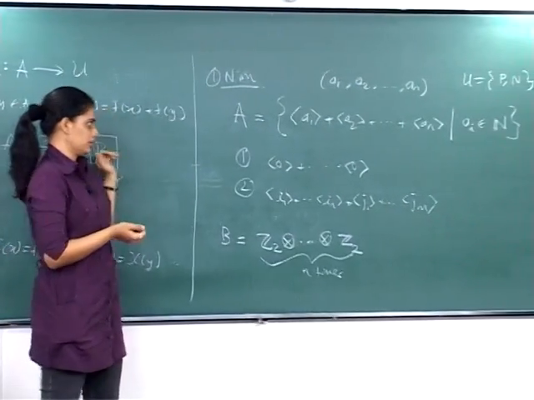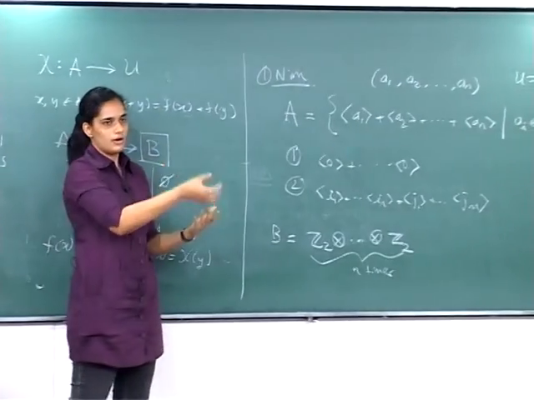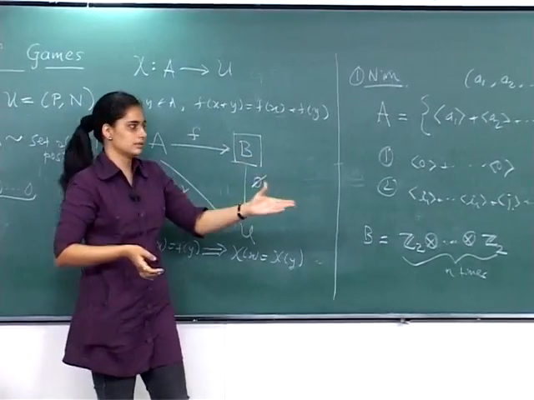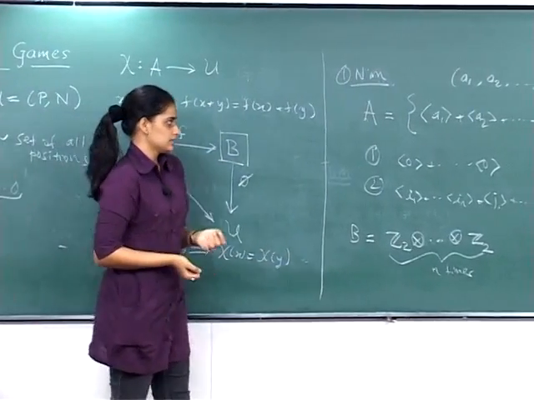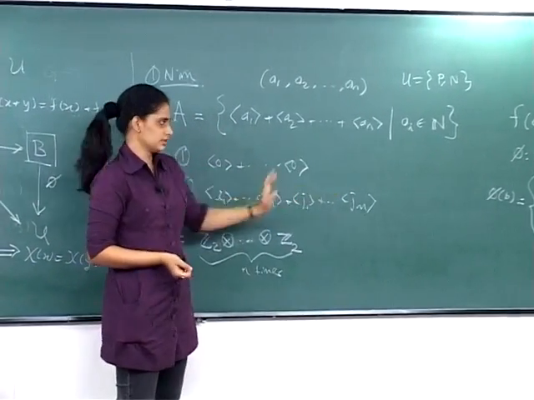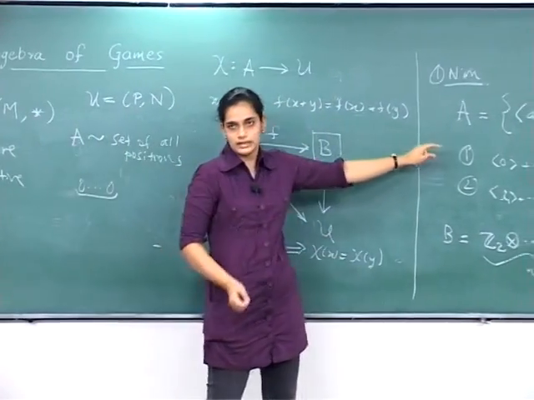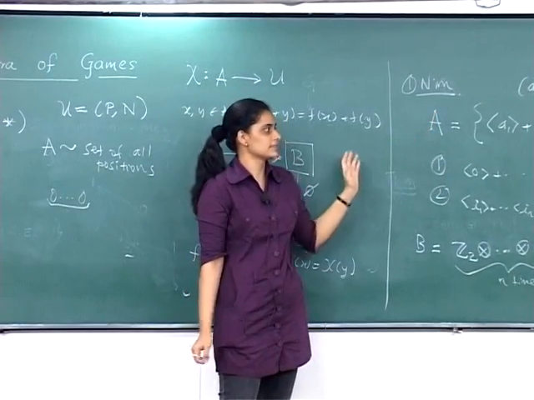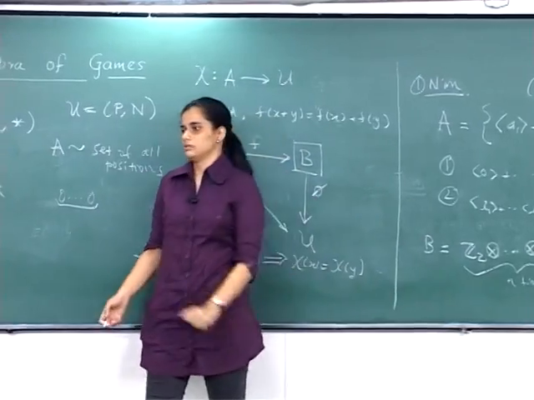In B, we have mapped all the positions as even or odd, and from B, we directly map it to the outcome depending on whether the binary string is zeros or anything else. In this way we can analyze the nim game using the monoid structure. As we did not have a direct xi function in the case of the nim game, we factored it as the function f and then phi. So this is the nim game.